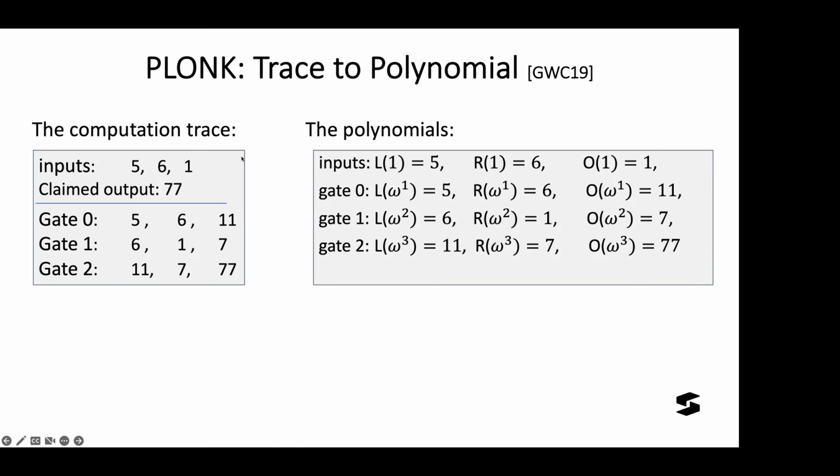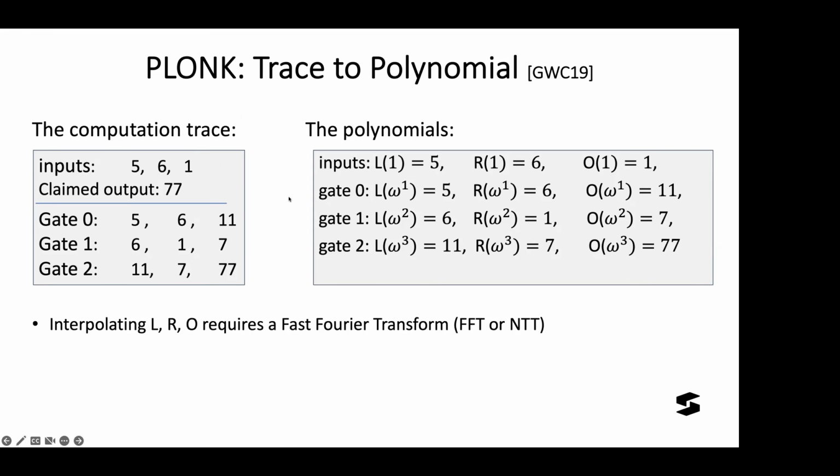Similar things hold for R, which is another polynomial, and O. Now there's a caveat with this method: in the underlying protocol, sometimes you need to use the coefficient form of the polynomials, so the encoding requires a fast Fourier transform, which we'll call FFT or NTT.